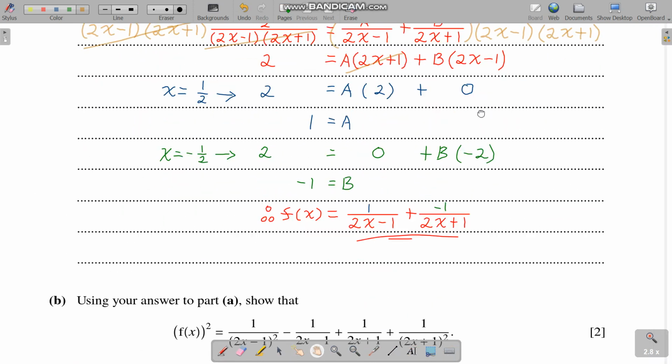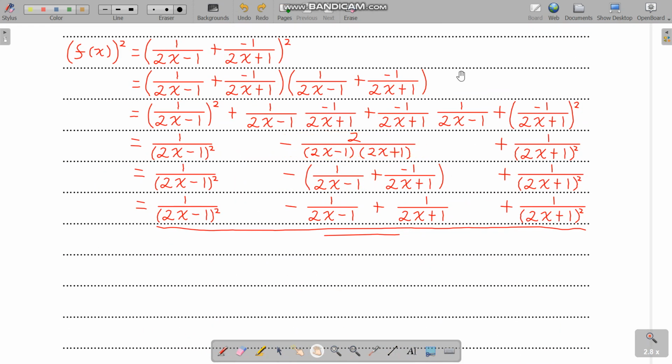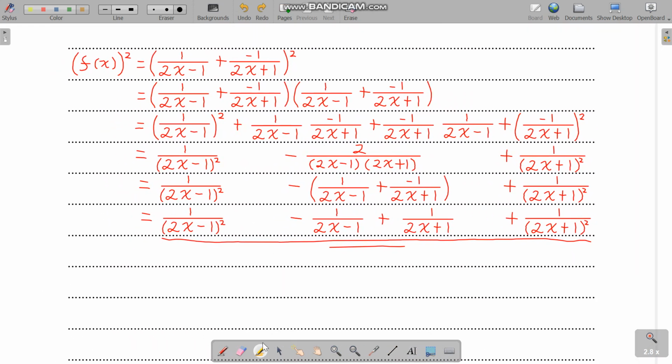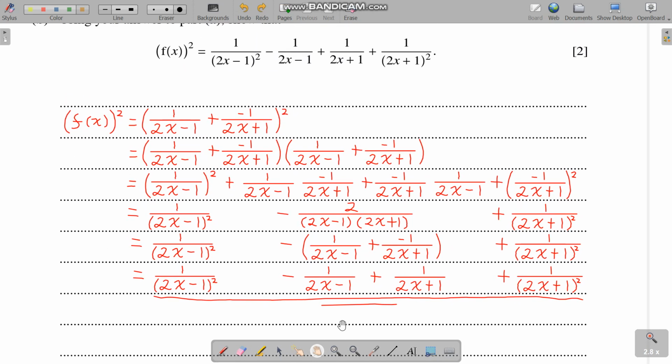So actually that is the same as the original f of x. So this is the original f of x, so we can replace it with the partial fractions, this from the answer to part 1, and without the brackets, minus times minus 1, minus times minus 1, this is what we need to prove. All right.